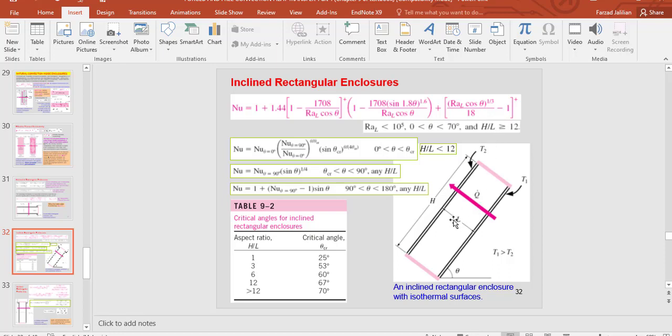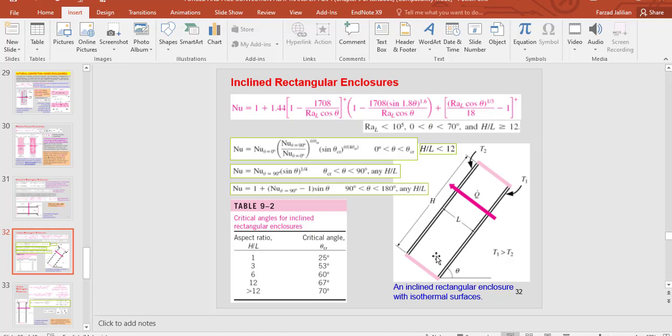the aspect ratio, which is a new parameter for enclosures. We didn't have that for the horizontal enclosure, but for the inclined rectangular enclosure we have this aspect ratio. Also it is important. Aspect ratio means we should find that by dividing the different widths and lengths of the enclosure by each other.